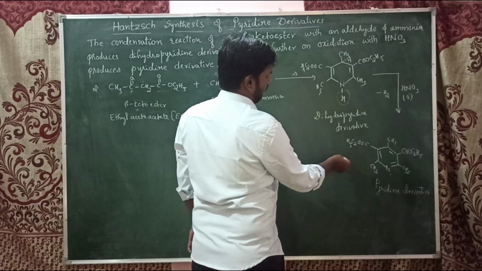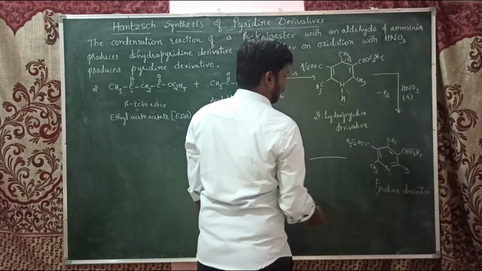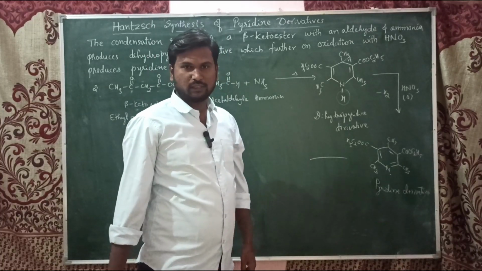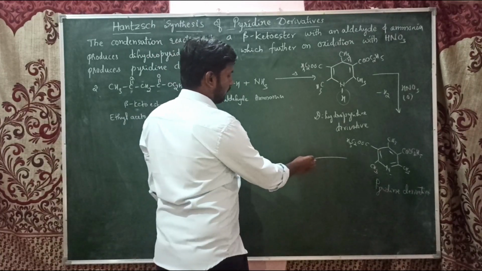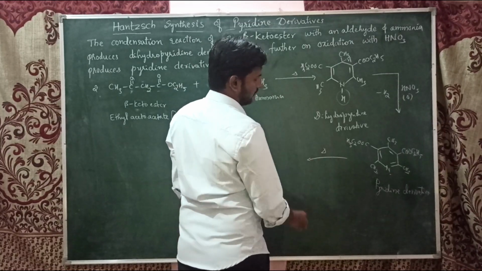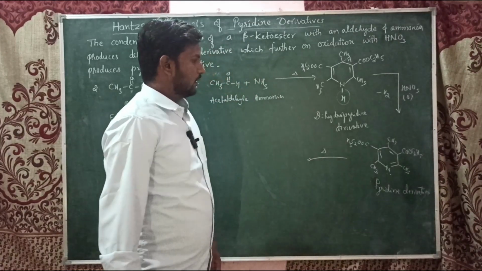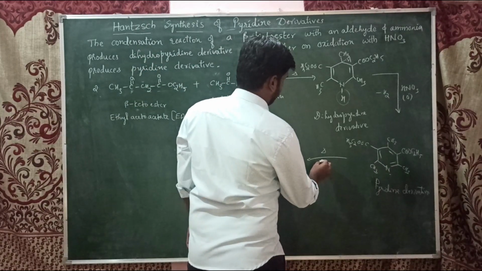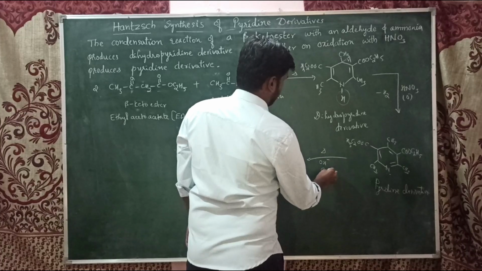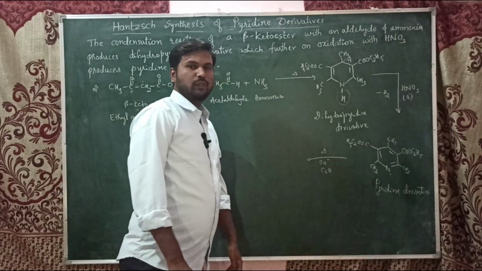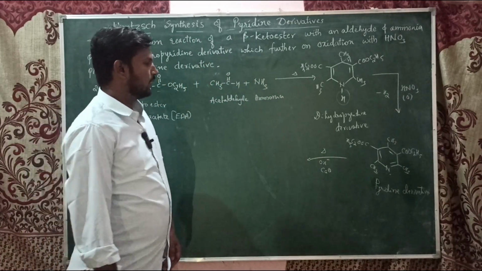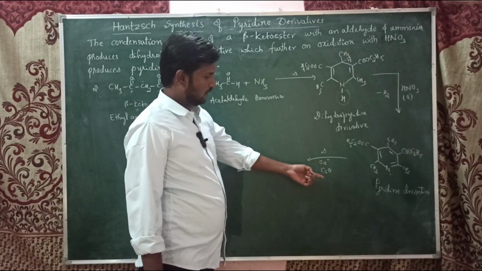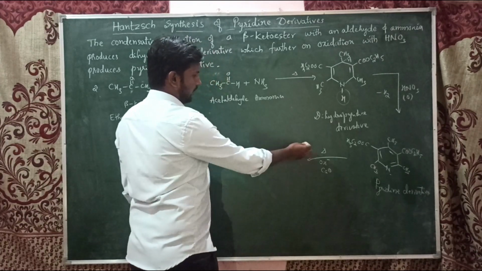You can remove all these ester groups also by hydrolysis and decarboxylation. This hydrolysis and decarboxylation will be done when we treat with base and calcium oxide. These are good reagents for basic hydrolysis with decarboxylation by heating.